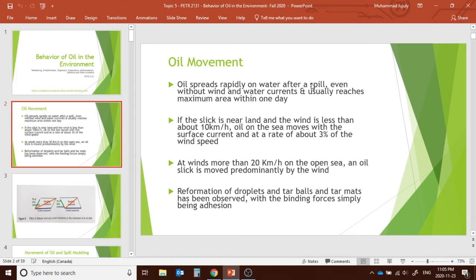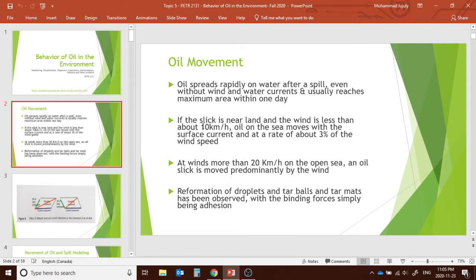And if the wind is more than 20 kilometer per hour in an open sea, then the oil is moved predominantly by the wind. Okay, so that means, just see the comparison.